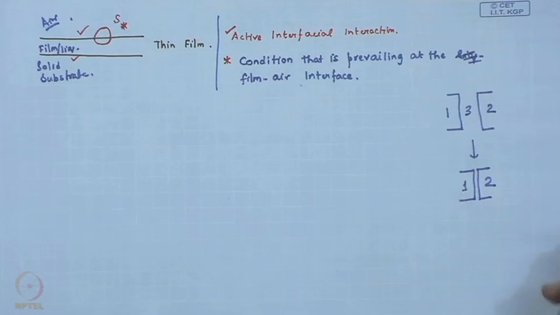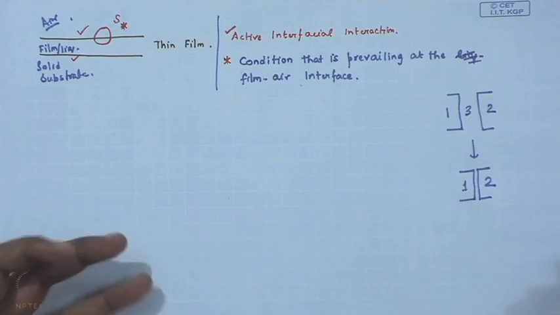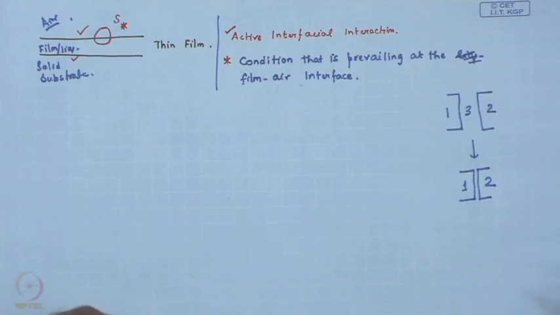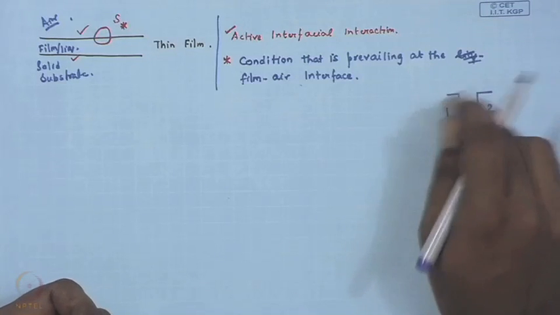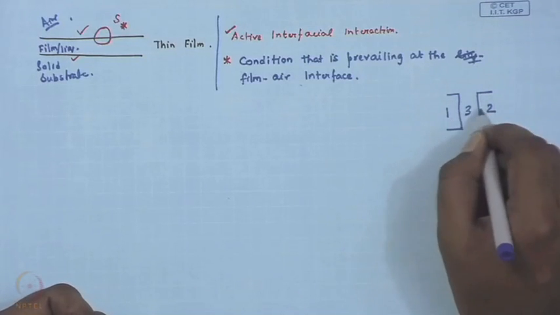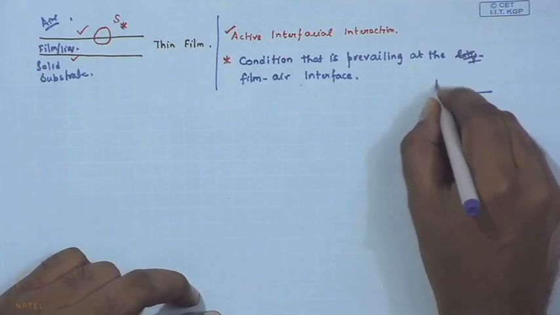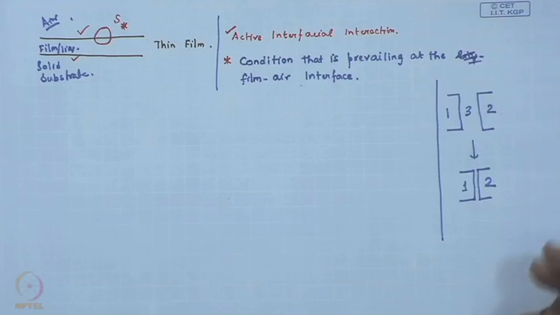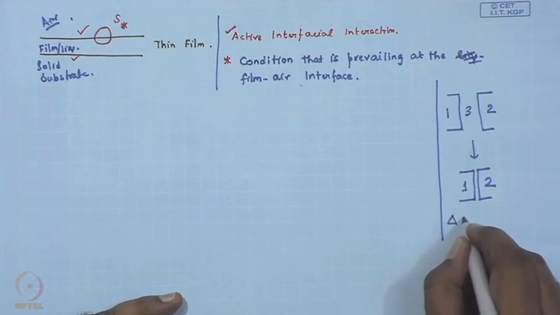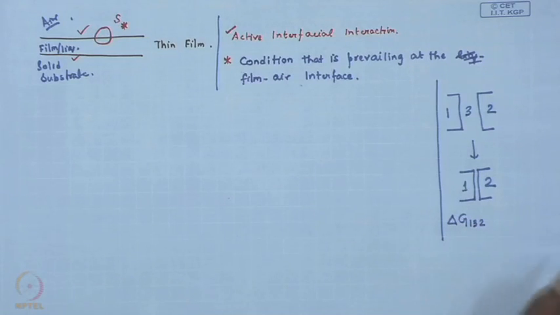So, this is fine if you are looking from the standpoint of coagulation. You definitely want to have a situation where 1 and 2 come in contact by dislodging 3. And as we argued, there has to be an interfacial attraction between 1 and 2, and that results in a situation like this. We all understand what is the corresponding change in the delta G 132, whether it is negative or positive, whatever.